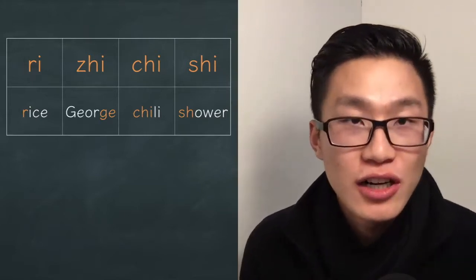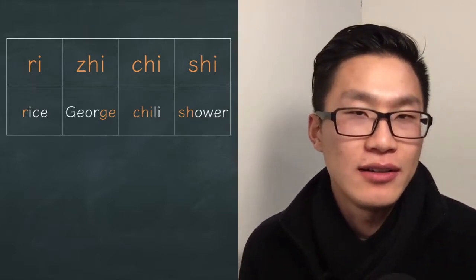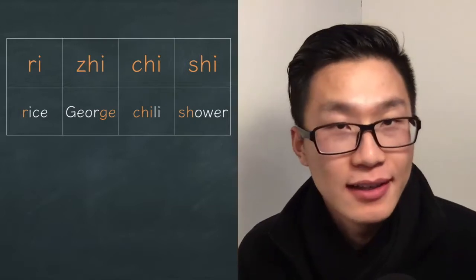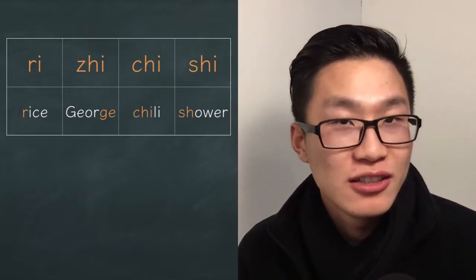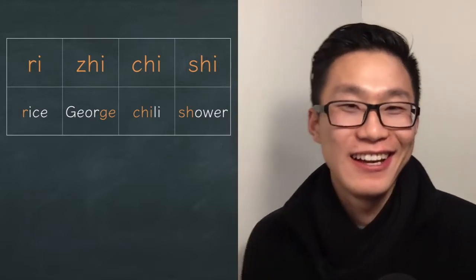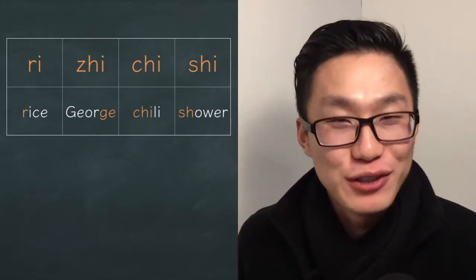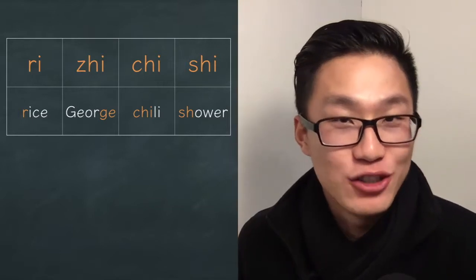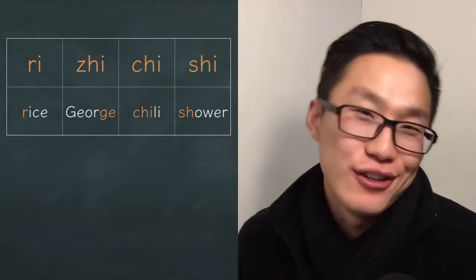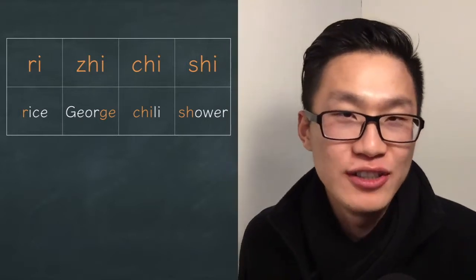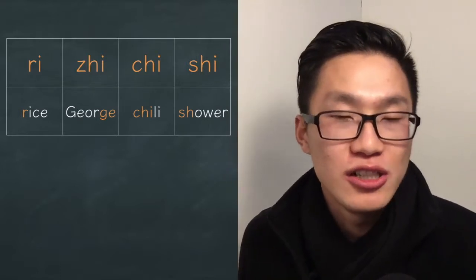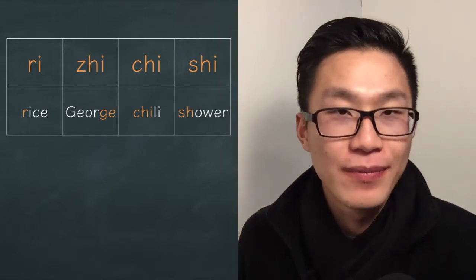So hopefully, it can help you to speak, to read those sounds. So for the first one, I found the English word, rice. The beginning of the rice. Okay. For Zhi, I found George. And the end of George. But it's not like G. You say Zhi instead.